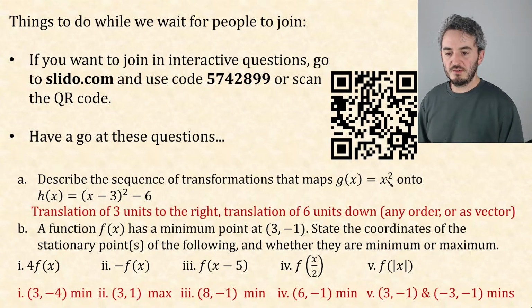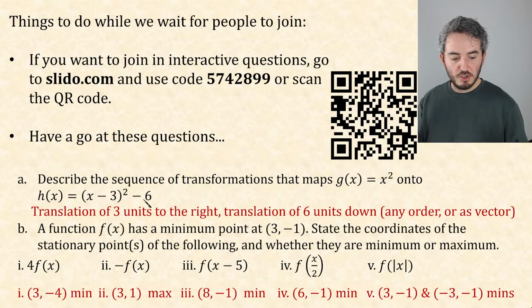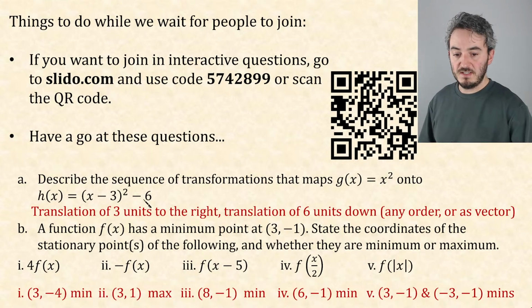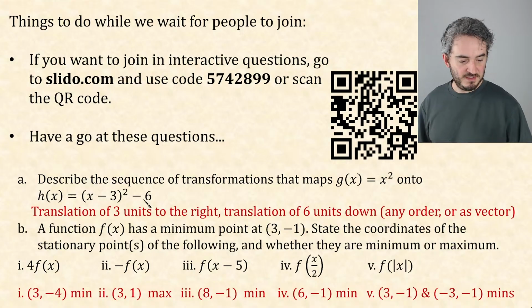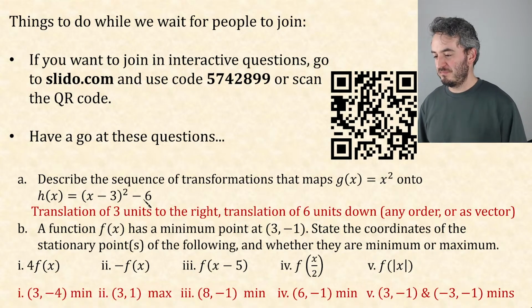The sequence of transformations that maps x squared onto this one is a translation of 3 units to the right, and then a translation of 6 units down. You could do down and then to the right, it doesn't matter. You could also write it as a vector. If you wanted to show off, in fact, a vector is a good way of doing it.